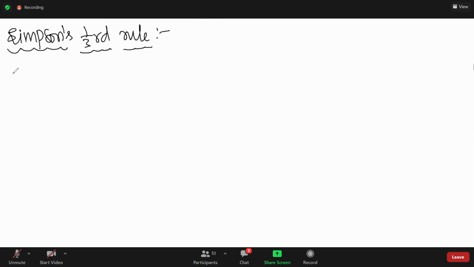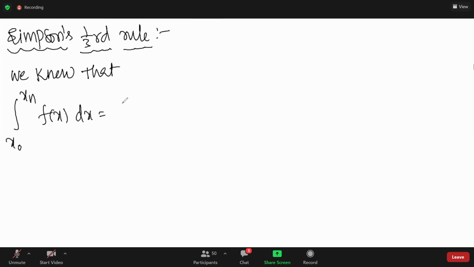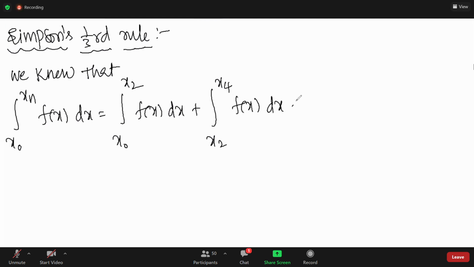Same. We know that integration from x0 to xn of f of x dx is equal to integration from x0 to x2 of f of x dx plus x2 to x4 of f of x dx plus so on.